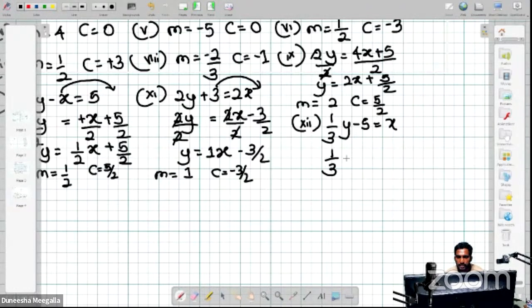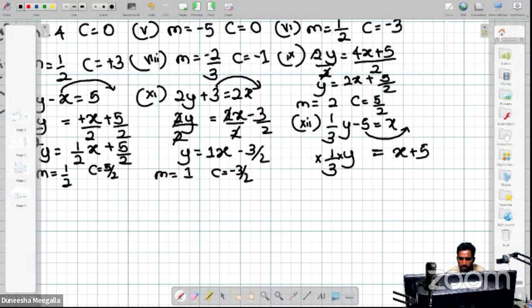You have to get y as the subject. If we take this minus 5 to the other side, what happens? It becomes plus 5, so x plus 5. The 1 over 3 is multiplied with y by a multiplication mark.